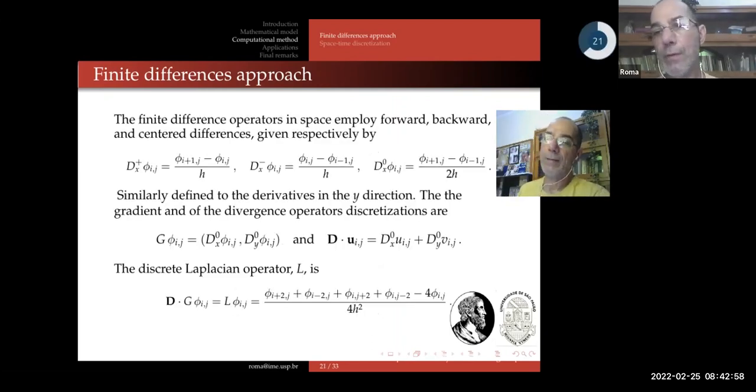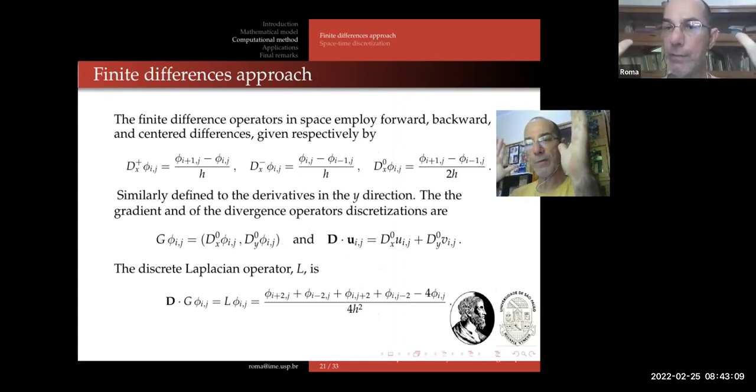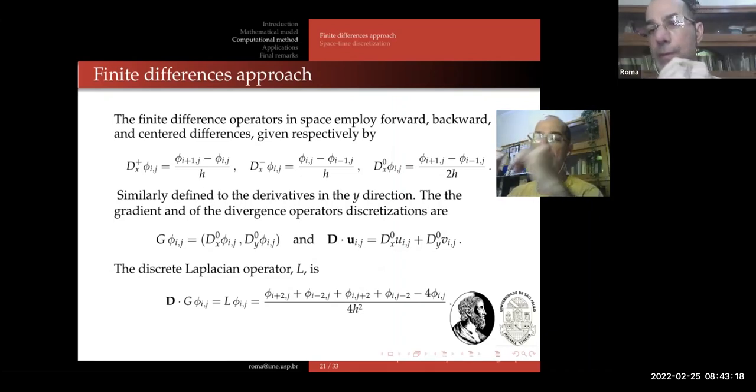Finite differences, for those of you that haven't yet had the opportunity of meeting them, are just based on values of the function at points that are relatively close, and they somehow must approximate the derivatives. It's a finite difference because I am not taking the limit when the distance between the points goes to zero.